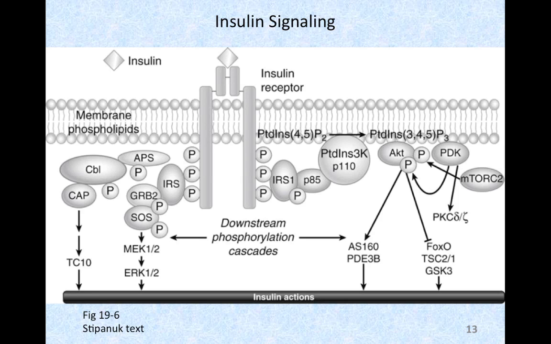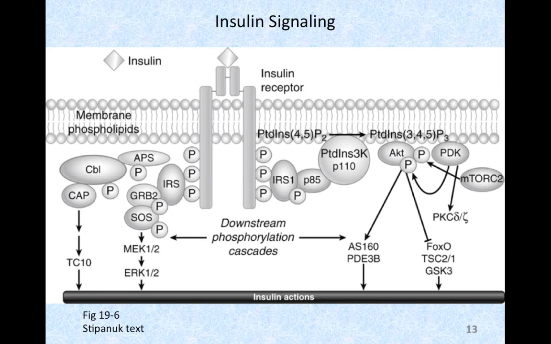So now let's look over towards the left side over here. Here we have the insulin receptor that's also stimulating an IRS molecule. In this case, it's interacting with a protein called GRB2, and that's interacting with a protein called SOS, or son of sevenless.